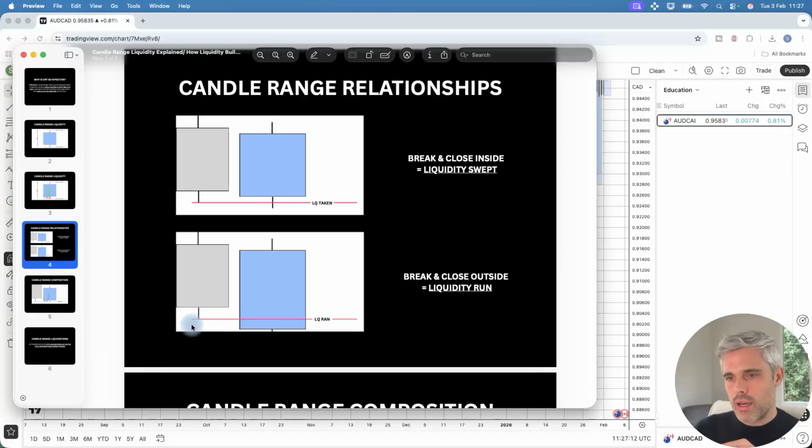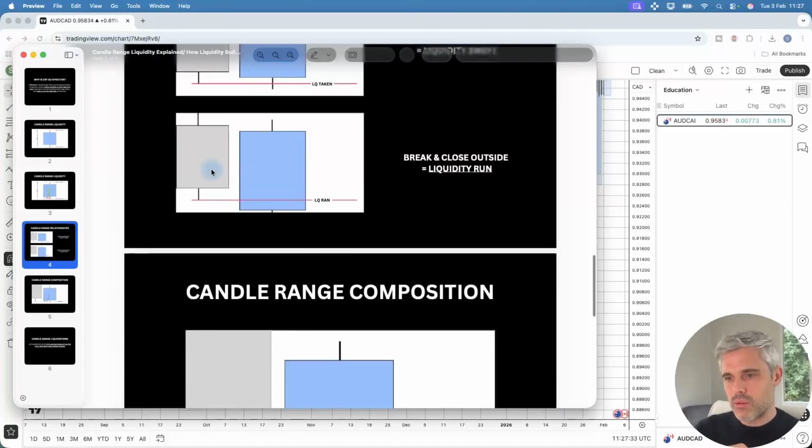So it's not had enough of a reaction to close inside the range. Naturally, price will want to target lower to collect more liquidity before price reverses, or maybe it's going to continue. But this is the formation of understanding the relationship between candle ranges, and it's why CRT is so effective.